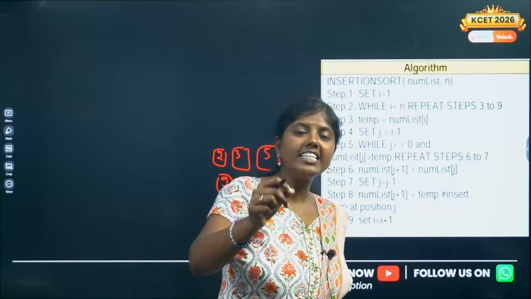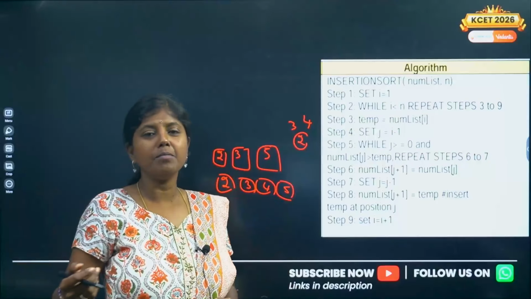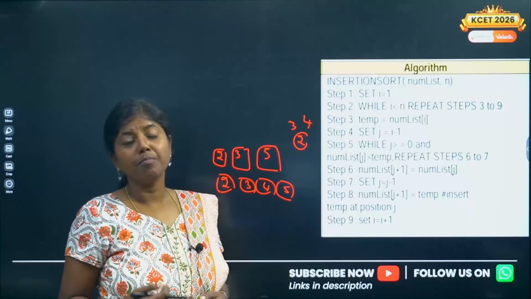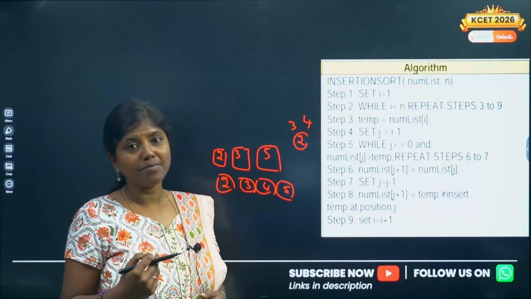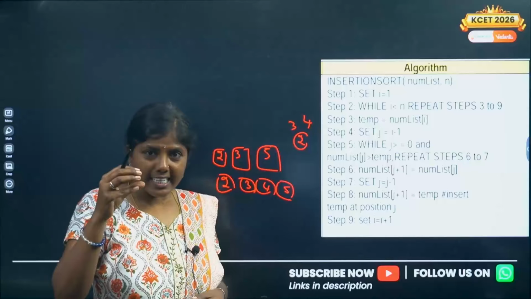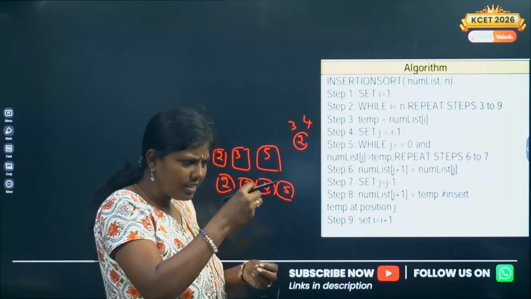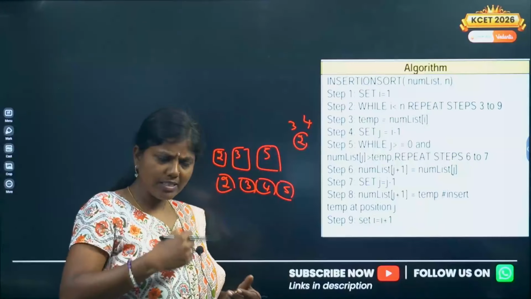Insert the right element at the right position, taking one element at a time, and then we're going to do the backward comparison here. Backward comparison is done here, that you have to keep in mind. Insertion sort means taking one element at a time and then inserting the element at the right position.